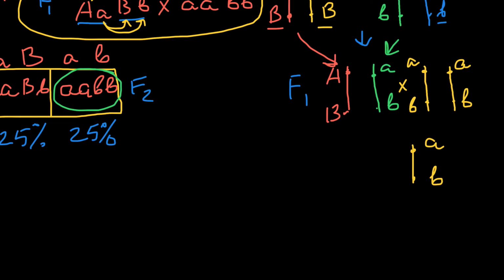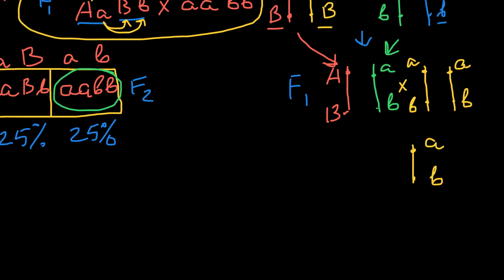Before this parent makes gametes, the diploid genome of the germ-line cells would make a copy of each chromosome. And this is also true with this parent. I'm also only showing what's going to happen here, because as I said, crossing over doesn't affect the type of gametes that this parent can produce.